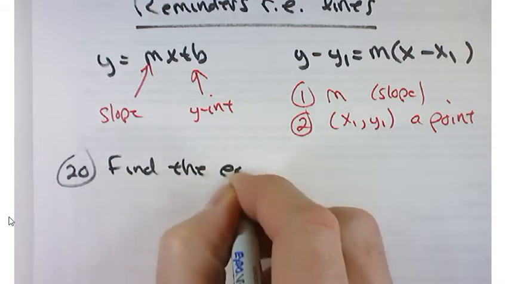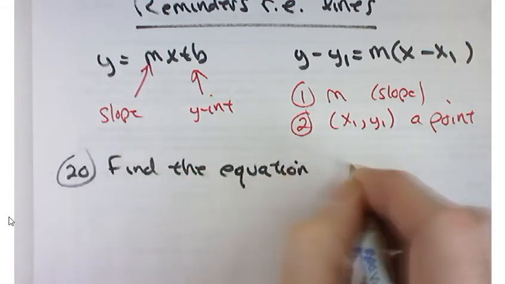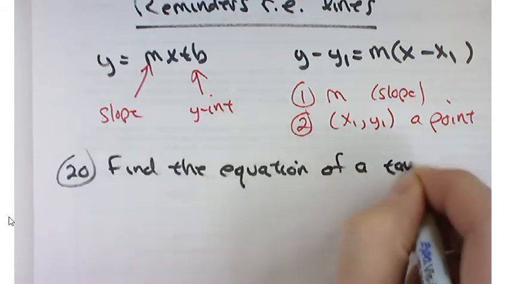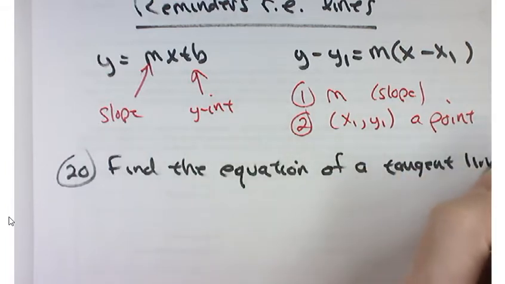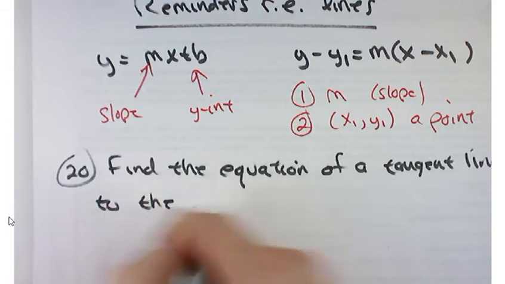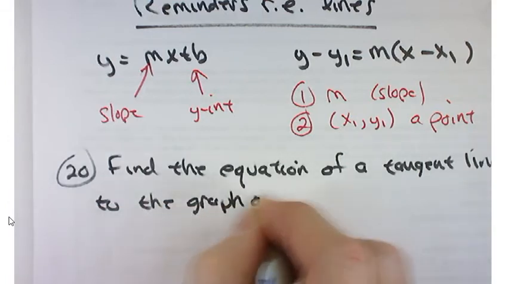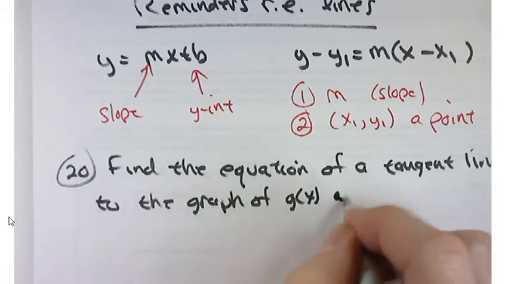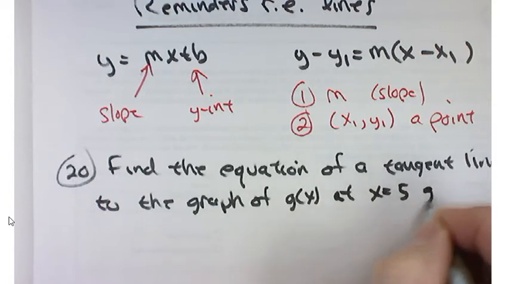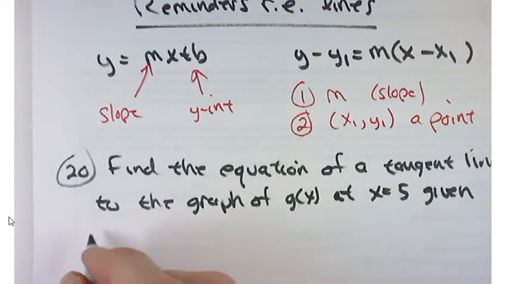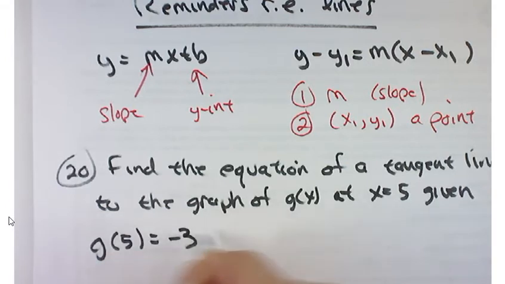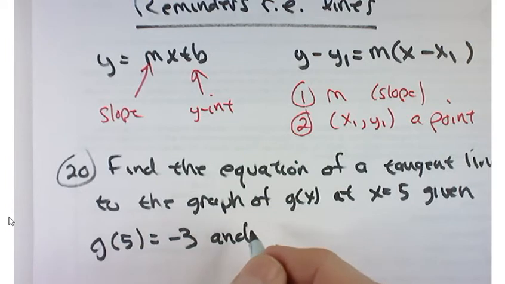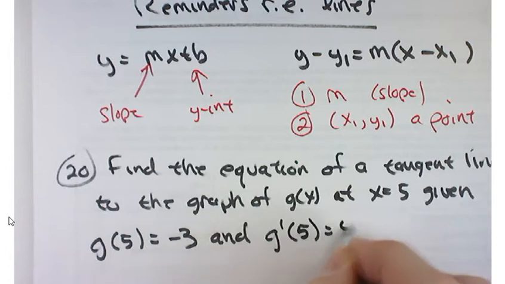Find the equation of a tangent line to the graph of g of x at x equal 5, given that g of 5 equals negative 3, and g prime of 5 is 4.